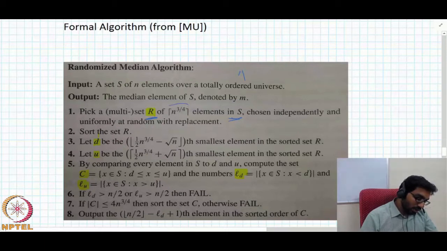We choose n to the 3/4. And then we sort that set R. Of course, since it's n to the 3/4, we should be able to do that sorting in little o of n time.